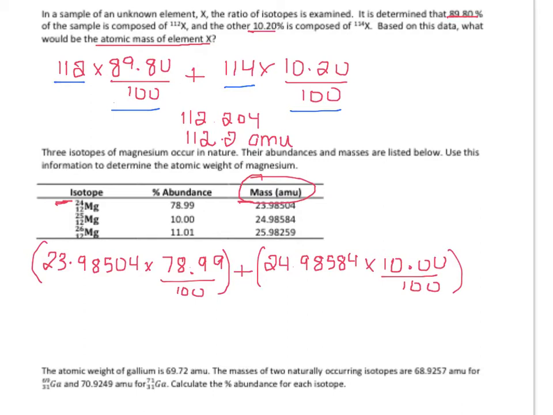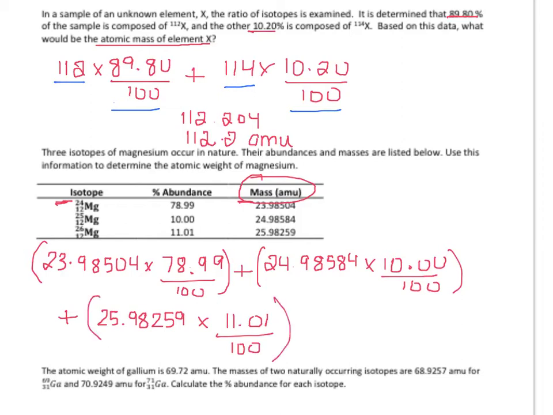So that's plus magnesium 26, so that's 25.98259 multiplied by 11.01 over 100. So take your time, work these out.